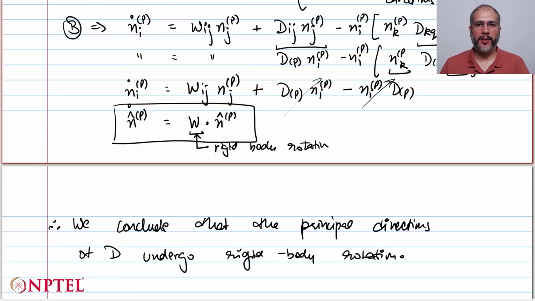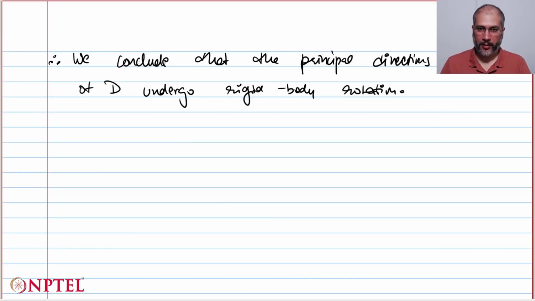Now that is a very interesting idea because we notice that the principal directions of D are special. They undergo a pure rigid body rotation. But the question that appears in our mind is that when D was 0, the elements were not stretching, they were purely rotating. But here what we have found out is the rate of rotation for the unit vector. The unit vector only rotates. It cannot do any other thing. But if you take the element dx, which is along the principal direction of the rate of deformation tensor, is this elongating?